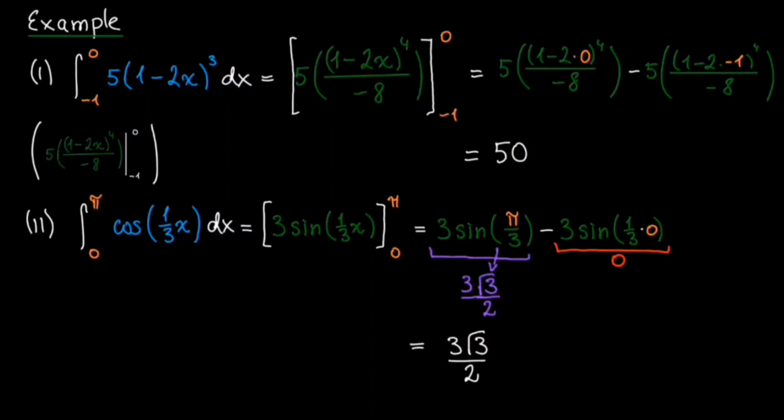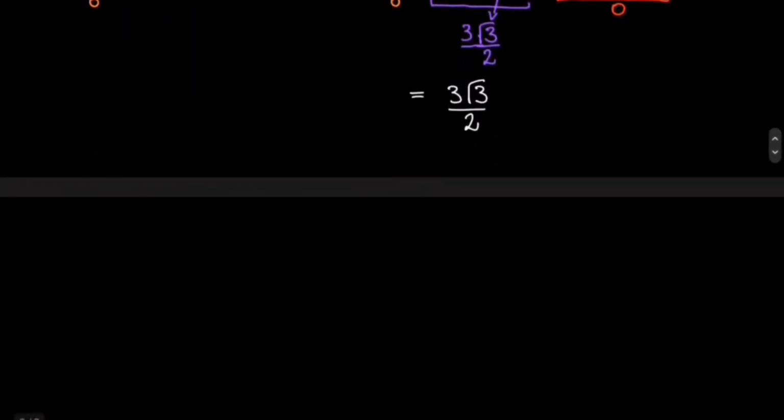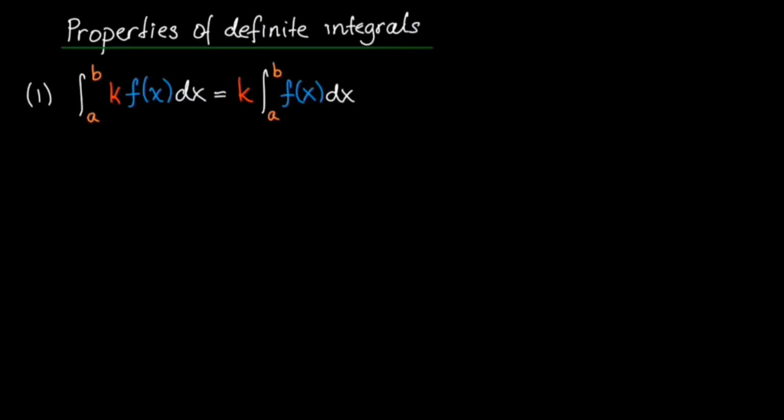Perfect. Now that you know how to do this, to end this video, I would like to go over a few properties of definite integrals. I can tell you immediately that some of them are going to be the same as we covered in part 15.